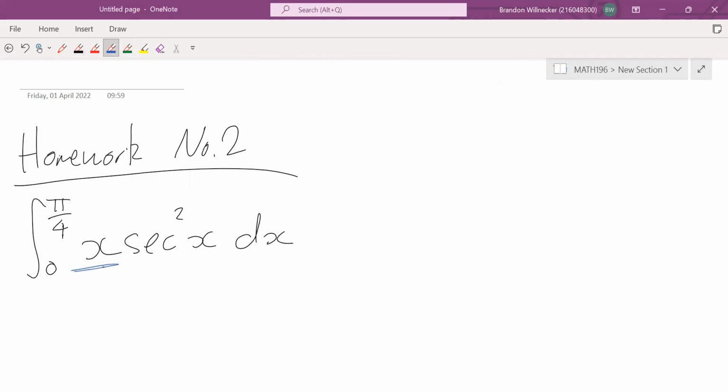Now, of course, u would be very easy to differentiate because the derivative of x becomes 1. So it becomes much simpler when you differentiate. So that tells us that u needs to be equal to x and dv must be equal to everything else.